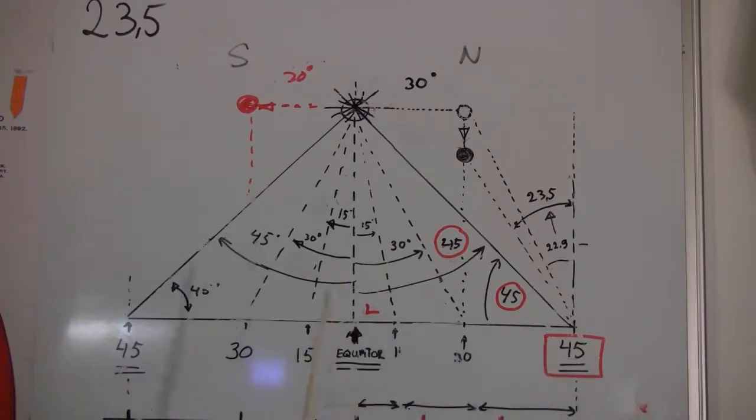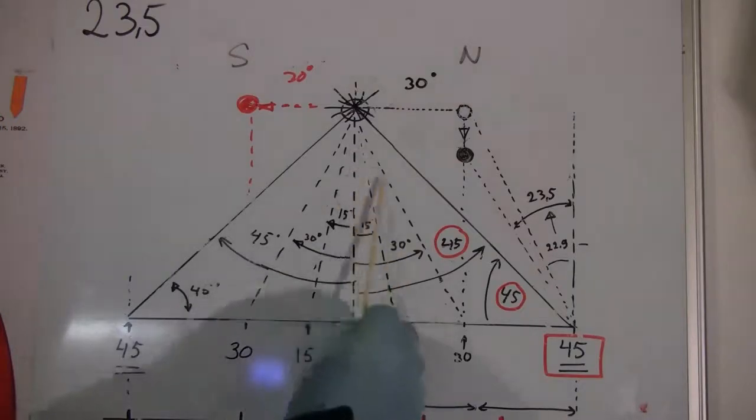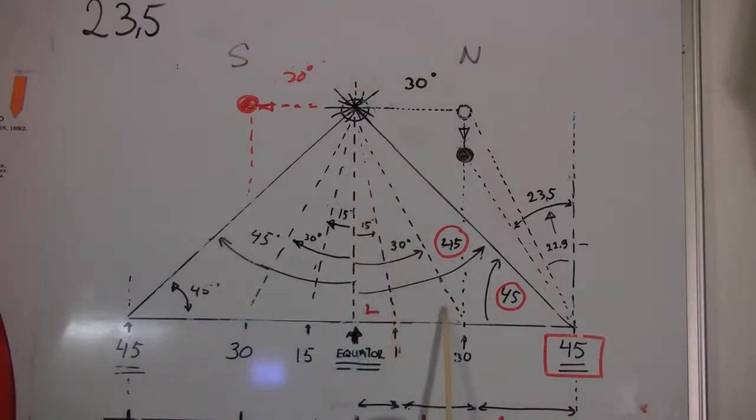If the sun is 15 degrees, if we measure the angle to the sun, we measure 75 degrees. And when the sun is 30 degrees, if we measure the angle, we measure 60 degrees. Because this is 90, we measure 60 degrees.